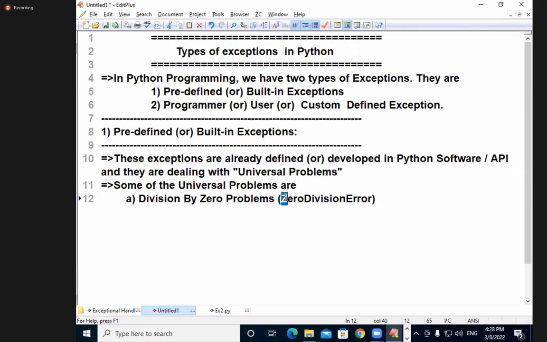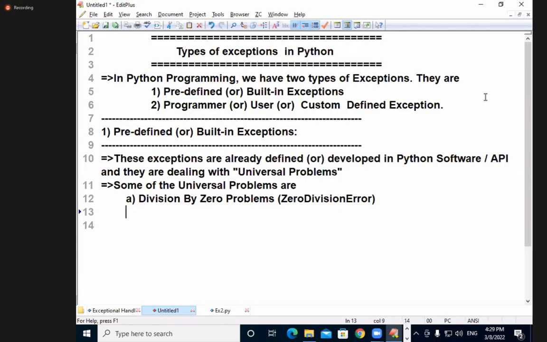Z capital, D capital, E capital. What is this notation I said in yesterday's class? Hungarian notation we can call. So what is ZeroDivisionError? It is an exception class name dealing with the zero division problem. Today you are going to get the most perfect explanation. Syntax you are going to receive very shortly.